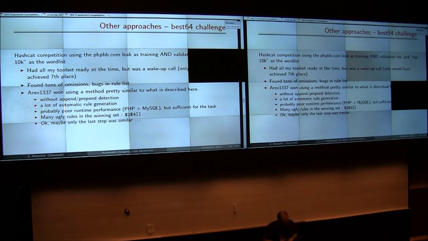I suppose his solution would not have scaled because of the choice of technology, yet it was extremely pertinent given that it was made in basically a few hours, and that he won. And also, he had many ugly rules. For example, these rules: append 2, append 4, and then remove the last 2 characters. So it doesn't do anything at all. But maybe the last step was exactly the same as what I did, which is a step where you rank the rules.